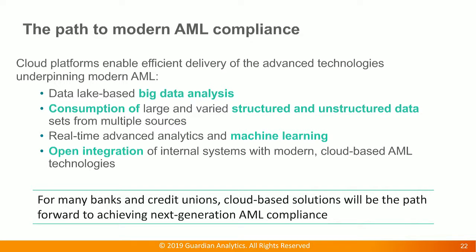The consumption of large and various structured and unstructured data is necessary because a lot of informational sources are coming from external sources, not only from the transaction monitoring system within the bank or the customer identification program, but from intelligence that is gathered globally or within various intelligence sources in the United States, and it needs to be fed on a regular basis.